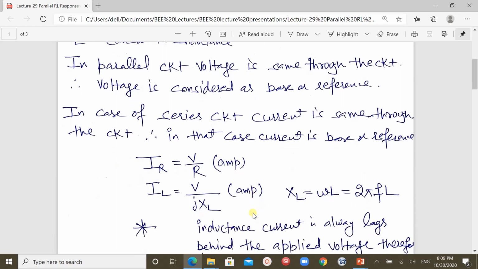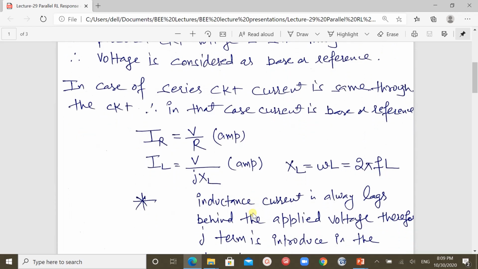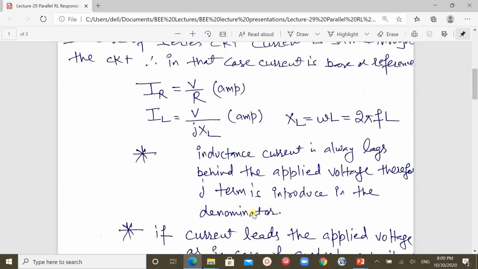We know that IR, the current in the resistance, is equal to V upon R, and IL is equal to V upon jXL. Now why we put j here: when we are talking about the inductive current, the current in the inductance, that always lags behind the applied voltage.